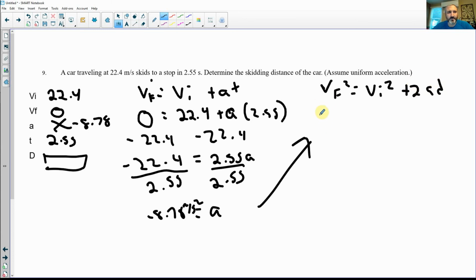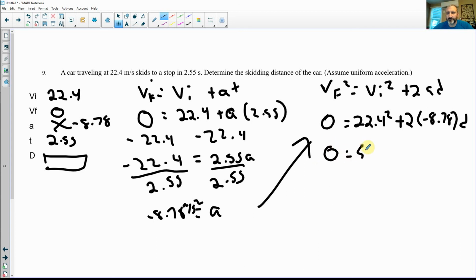So VF squared is 0. VI squared is 22.4 squared plus 2 times negative 8.78 times D. So now we can play the game. 22.4 squared is going to be 501.76. So 0 equals 501.76. 2 times negative 8.78 would be negative 17.56 D. So now we're going to subtract 501.76 from both sides.